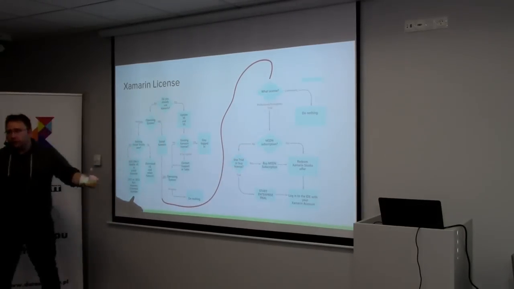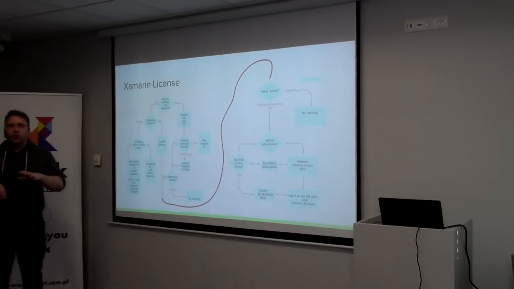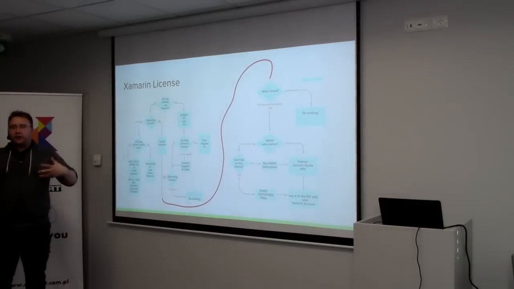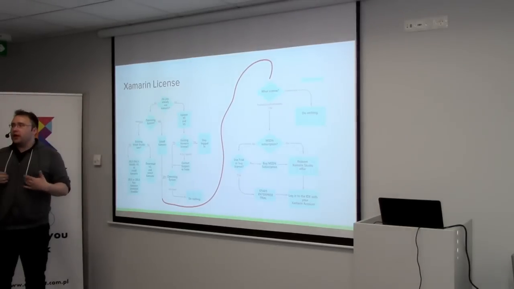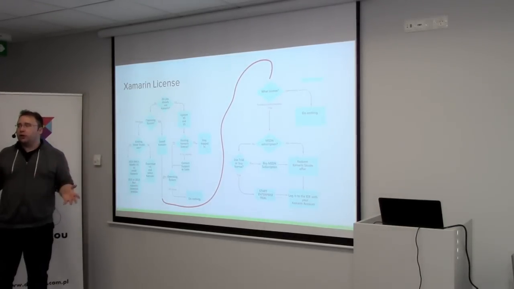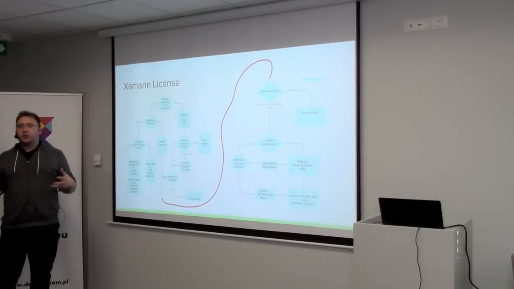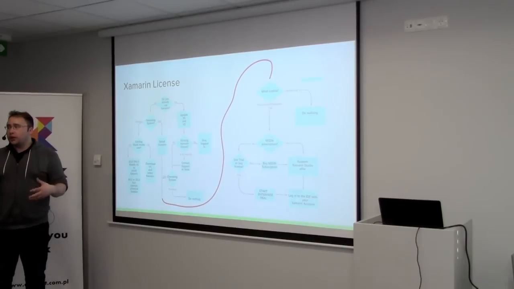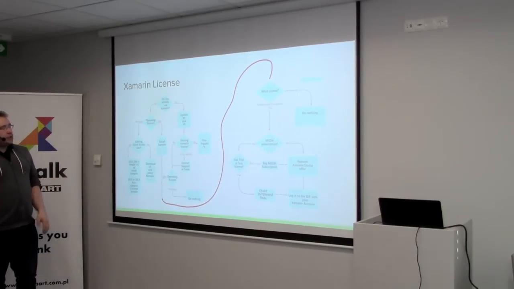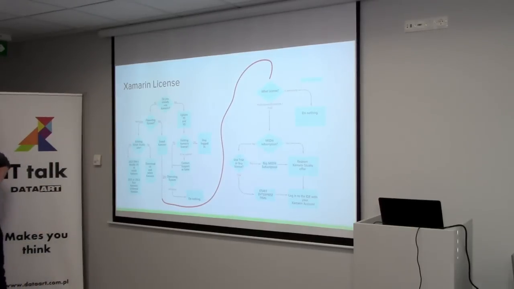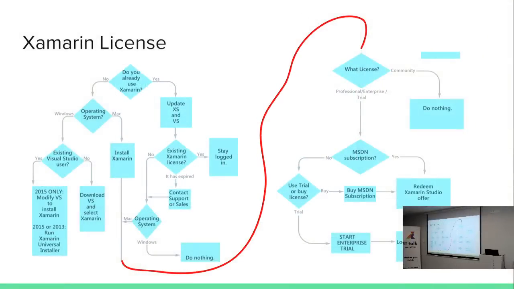If you have it already, you're fine. When you try to add a new project, it will ask you to provide the MSDN subscription, and it will be installed automatically. It just adds some features to your existing Visual Studio. If you don't have it, you can look at that picture and you will see there are a lot of options.